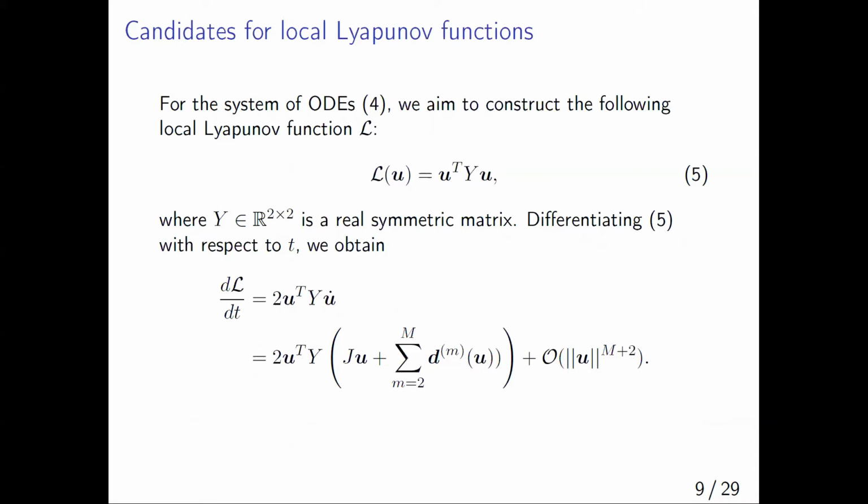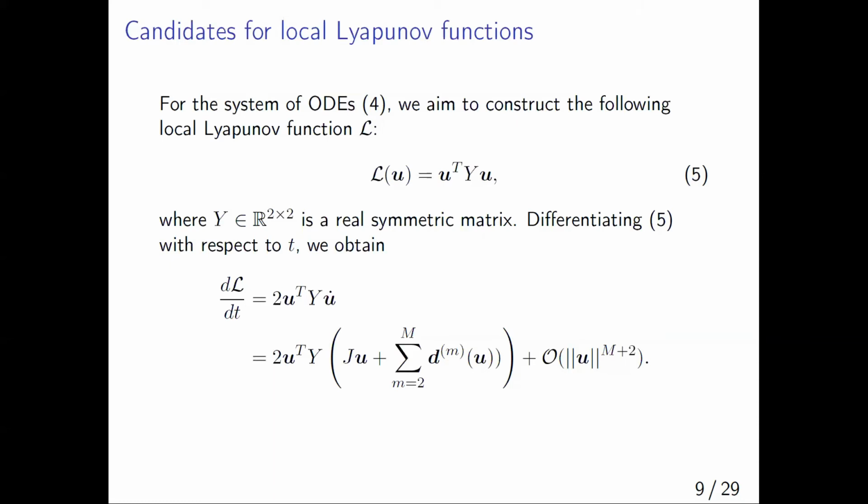For the transformed system 4, we aim to construct the local Lyapunov function in quadratic form, where Y is a 2x2 real symmetric matrix.